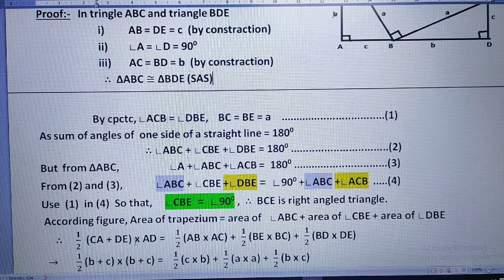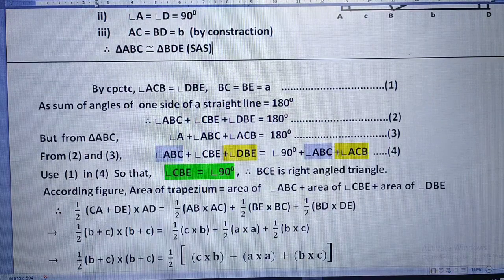The height means the distance between the two parallel sides. And you already know that the triangle area is equal to half base into height. So the trapezium area is half into (CA plus DE) into AD, where AD is the distance between the two parallel sides, which is equal to half into AB into AC, base into height, plus half into BE into BC, where BE is the base and BC is the height, plus half into BD into DE, the area of triangle DBE, where BD is the base and DE is the height.